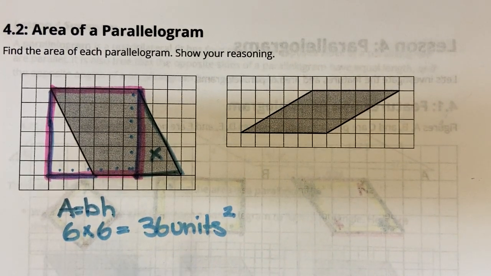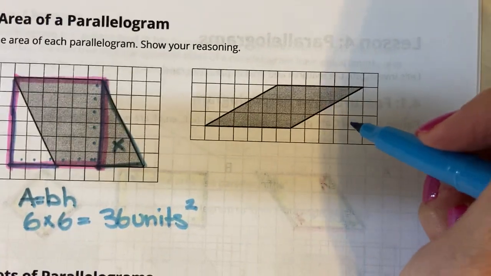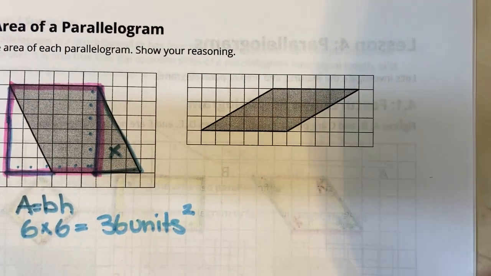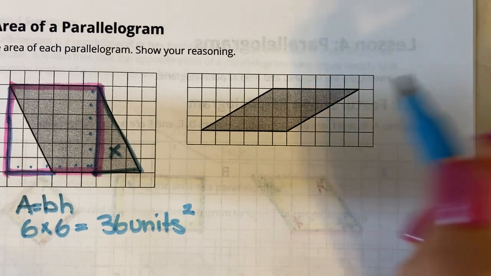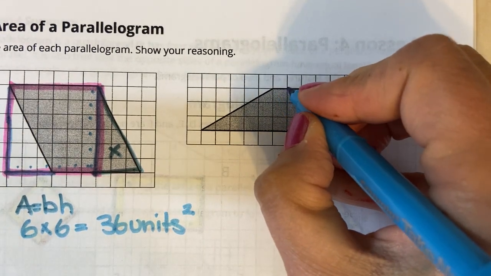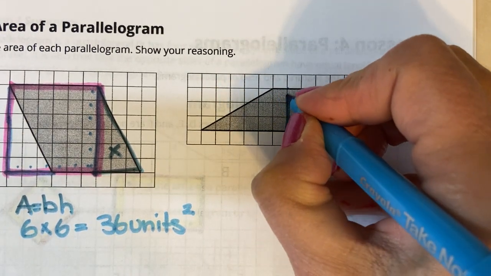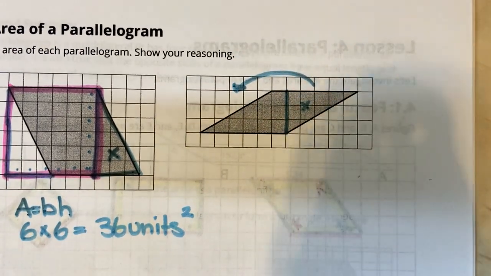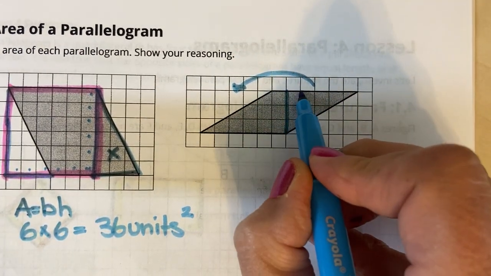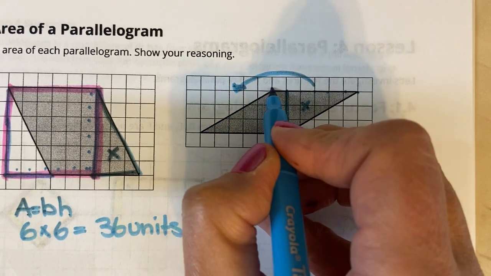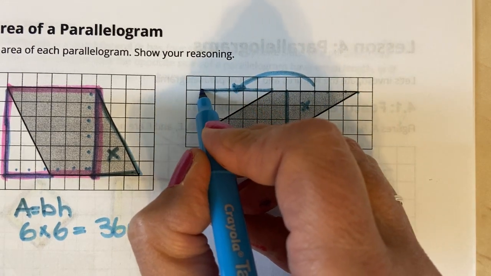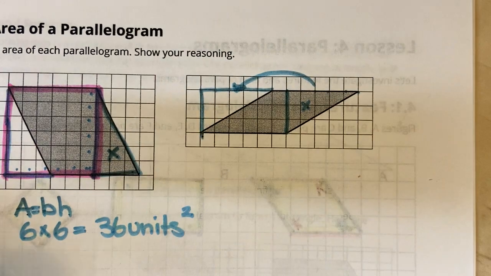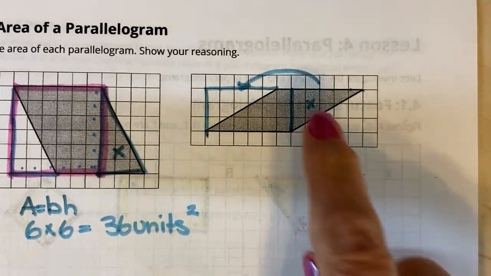All right, so if we look at this one, again, I want to make it into a rectangle. So I'm going to just take one of my corners and go up, and I'm going to take this triangle, move it over here. So this 1, 2, 3, 4, 5 would go 1, 2, 3, 4, 5 and down.